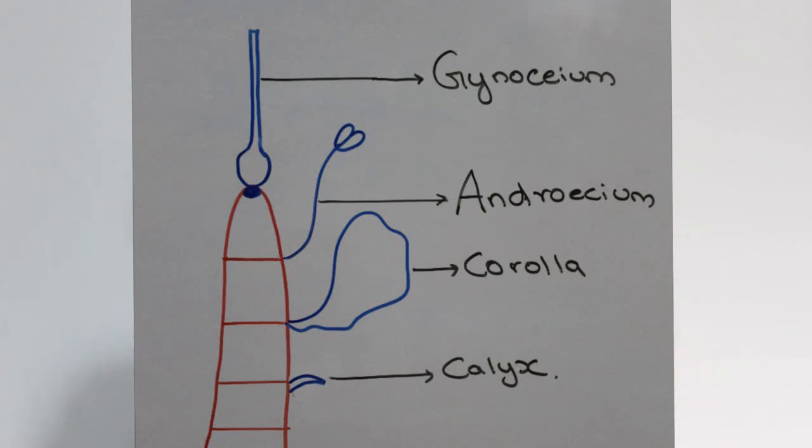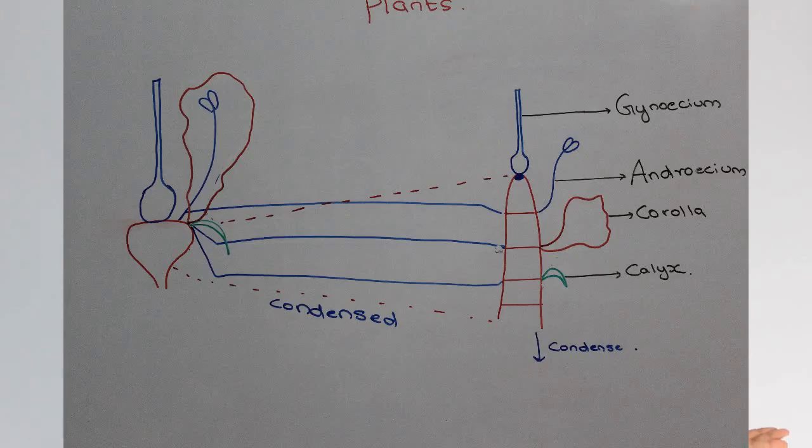But in the successive nodes we have the stamen, corolla and calyx. When we condense this shoot system, the shoot gets condensed into the thalamus, that is the receptacle. From the receptacle there arises the female reproductive unit. The successive nodes present on the receptacle give rise to the stamen, the male reproductive unit, the calyx and the corolla.